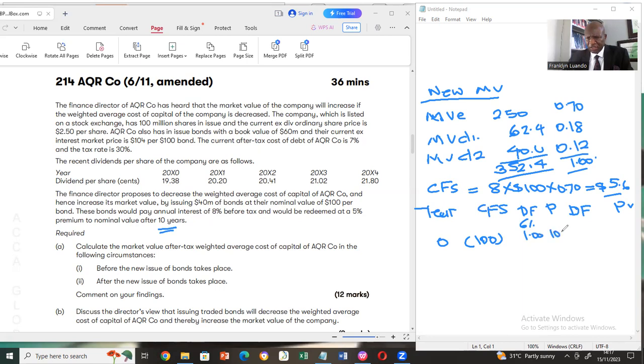Year 0 discount factor is 1. From year 1 to 10, there will be cash flows of 5.6. The annuity factor is 7.36, and the total there will be 41.22. In year 10, the redemption, including the premium, will be 105.